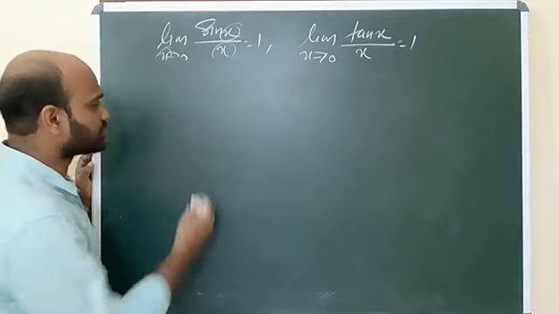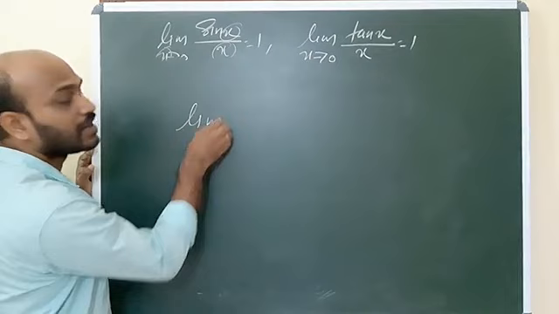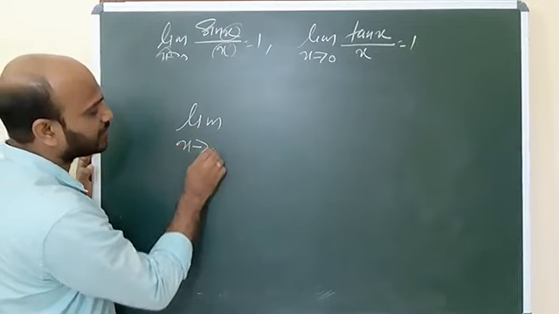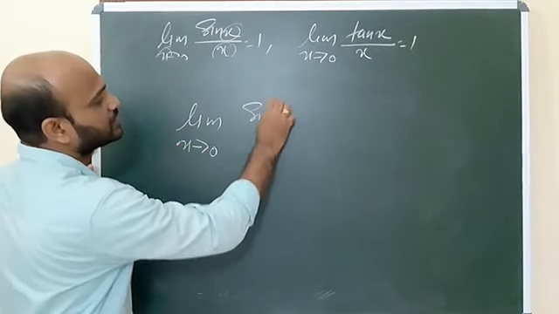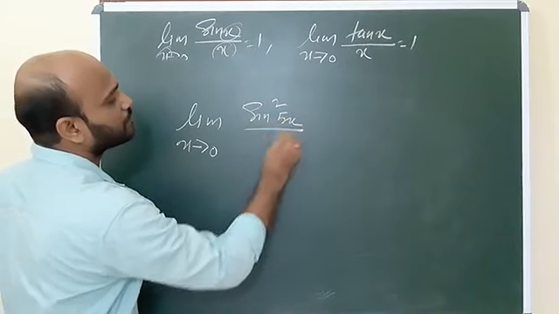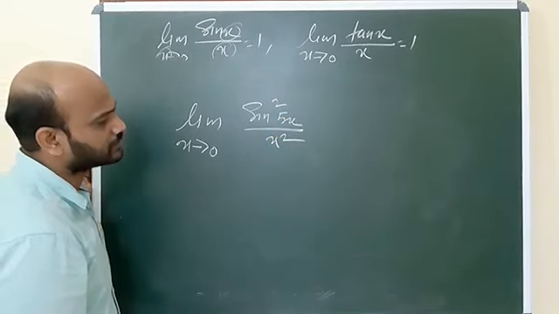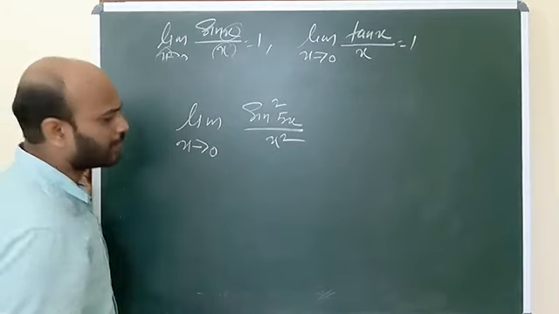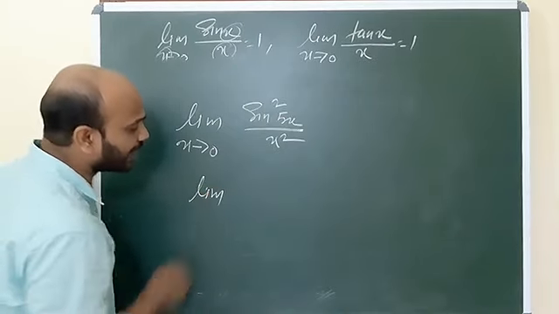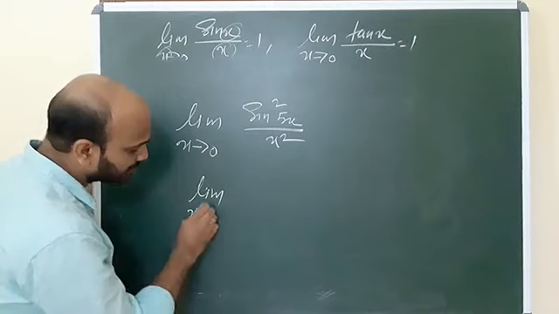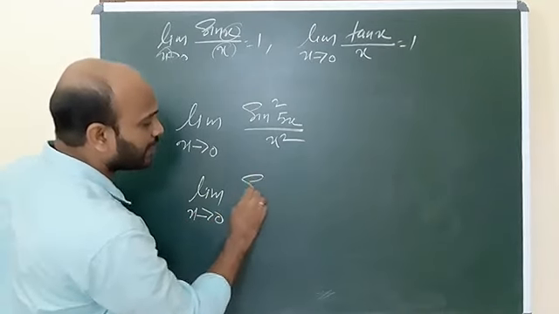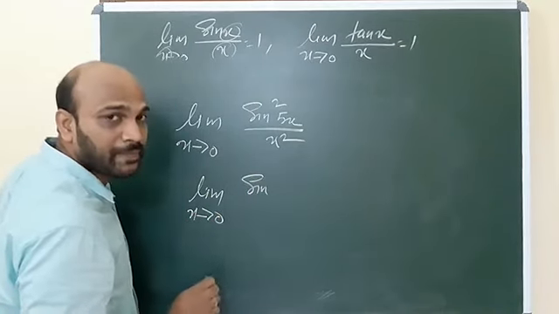Let us do another question. Evaluate limit x tends 0 sin square 5x by x square. We can apply the same formula here. First we can rewrite the question. Limit x tends 0. a square by b square is a by b whole square.